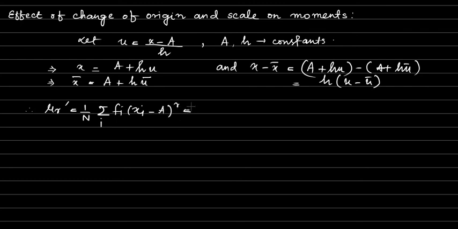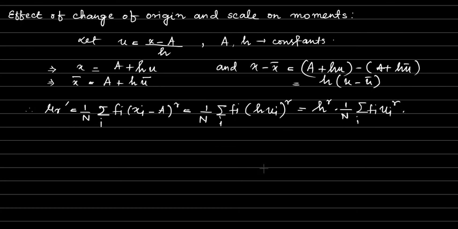Now xi minus a is h into ui, so this is h to the power r into 1 by n summation over i fi ui to the power r.